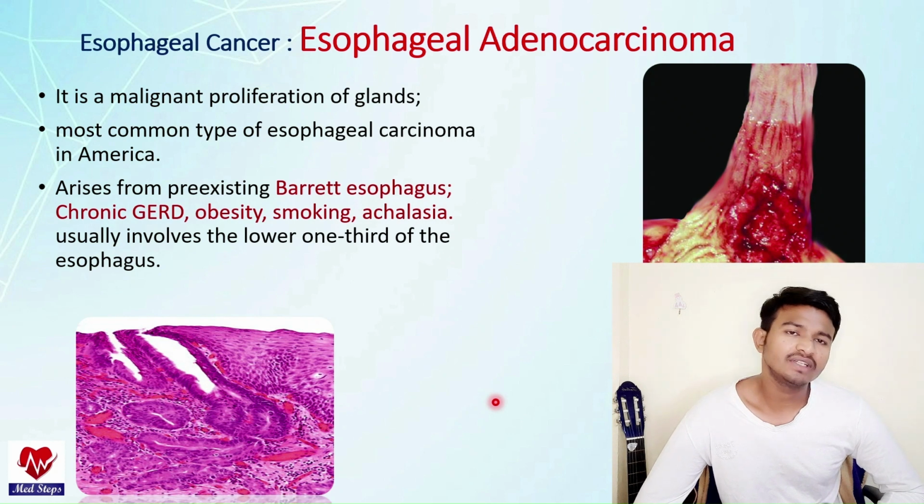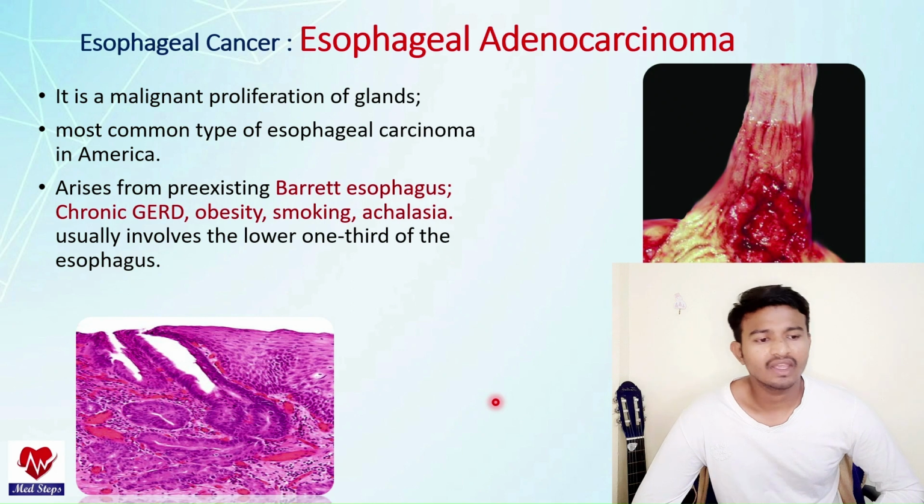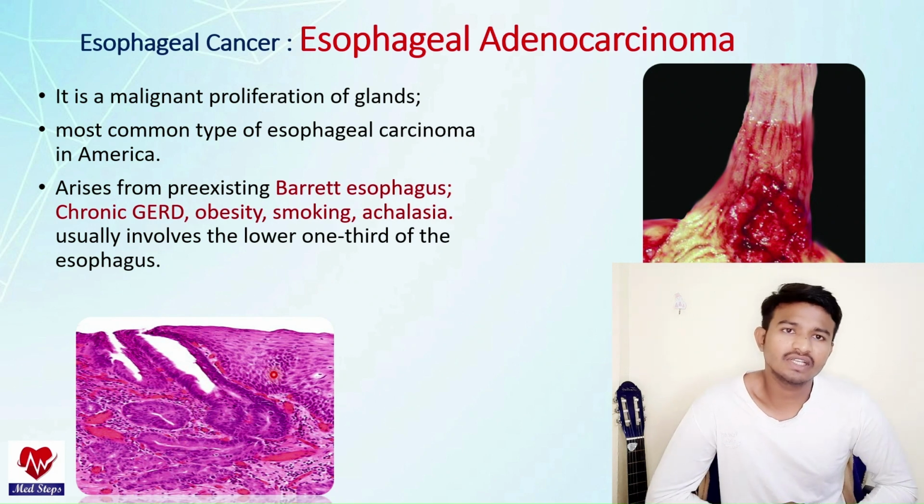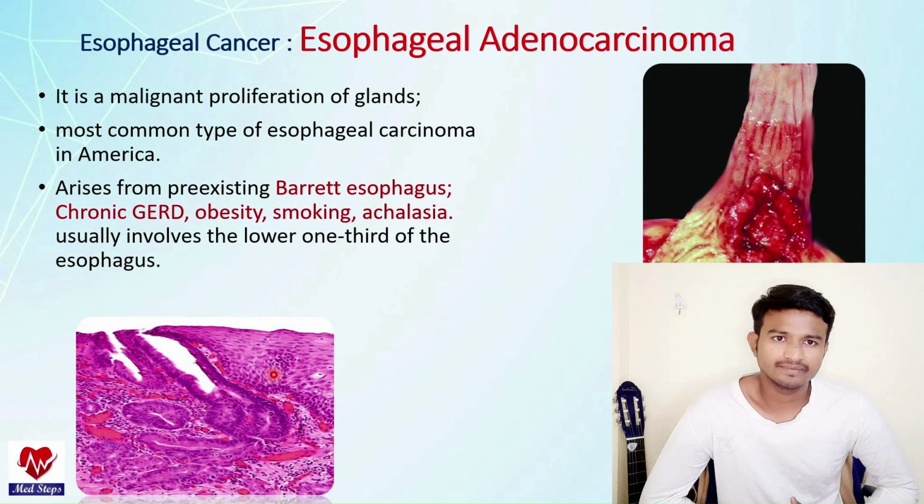They will have this adenocarcinoma cancer. Usually it's present in the lower one third of the esophagus, that means in the distal part. If you see this esophagus, in the outer structure of the esophagus, you can see this type of structure, right? In biopsy test, you can see this type of cells. This is esophageal adenocarcinoma.